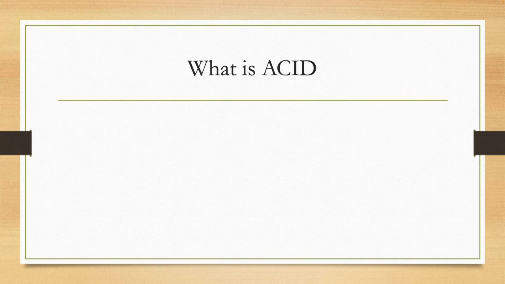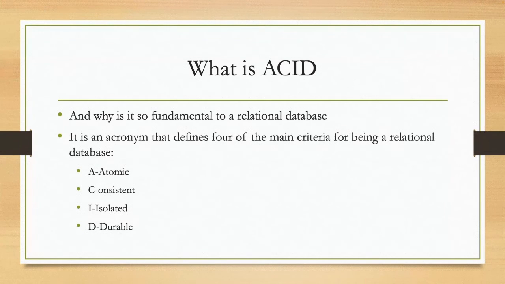All right, so what is ACID? ACID is four characteristics that make a database a database: atomic operations, consistent operations, isolated operations, and durable operations. Let's talk about each one of those individually.